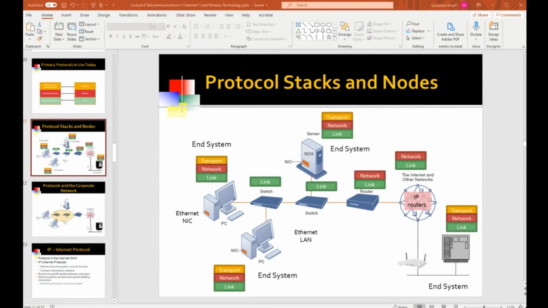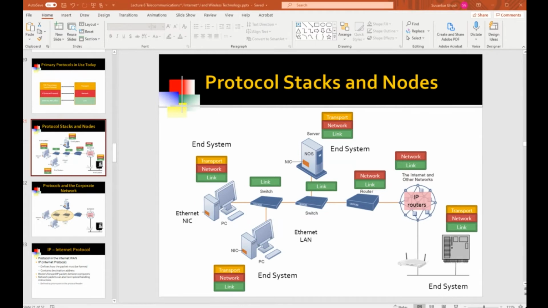there's no user there for whom this data is intended. The routers and switches, their role is merely to steer the packets to the right destinations. And the routers do this by looking at the network layer IP address. And that's why in the router, you have both the network layer and the link layer present.